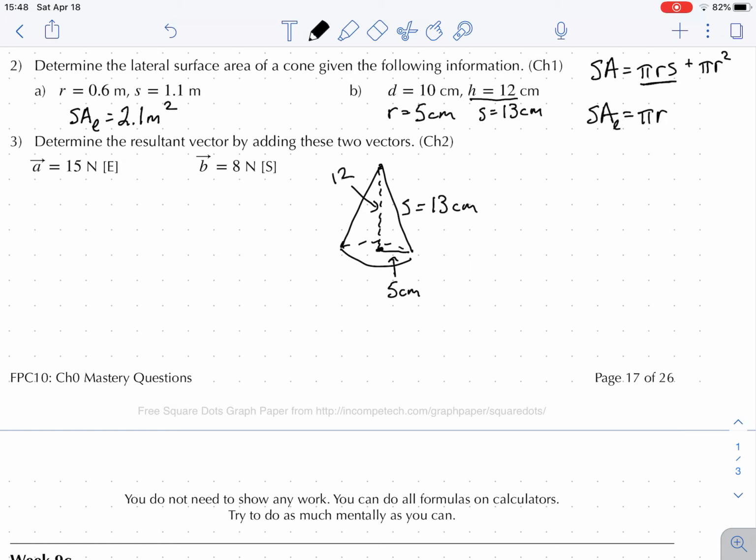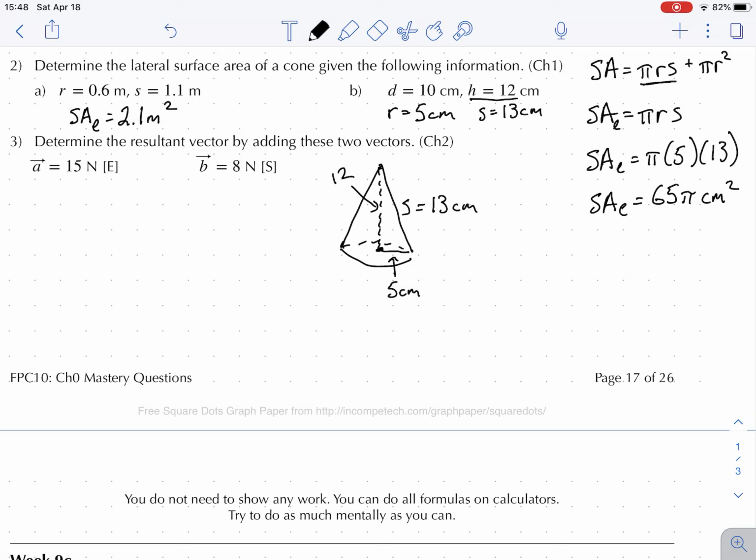So the surface area of our lateral part is pi rs. So surface area of our lateral part is equal to pi times the radius of 5 times 13. So our surface area of the lateral is equal to 5 times 13 is 65 pi centimeters squared. That's the exact value.